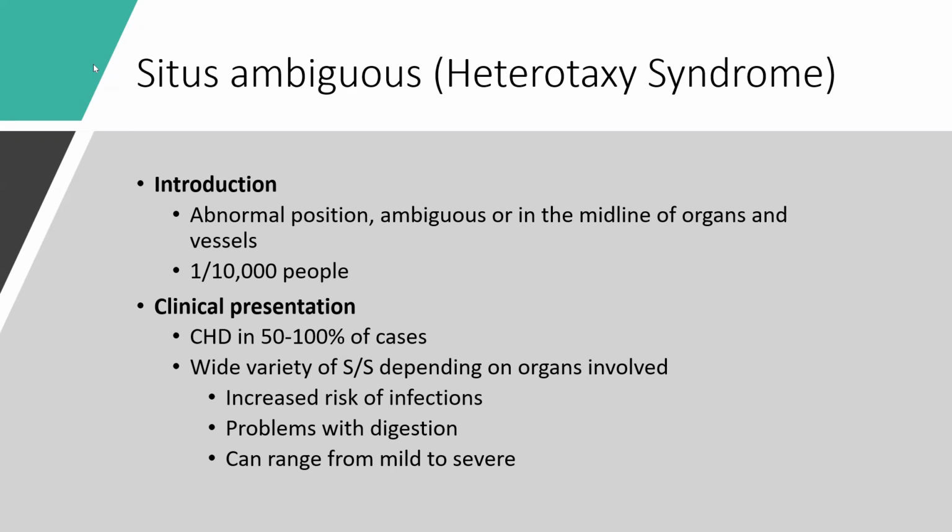So for example, if the spleen is involved, there may be an increased risk of infections. If digestive organs are involved, there may be problems with digestion. So depending on a lot of different factors, there will be a lot of different signs and symptoms, which may make it hard to actually diagnose this condition.